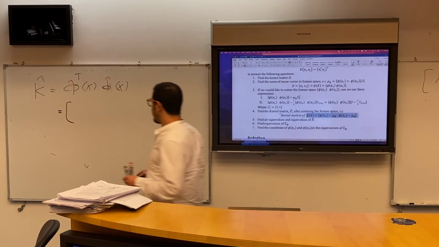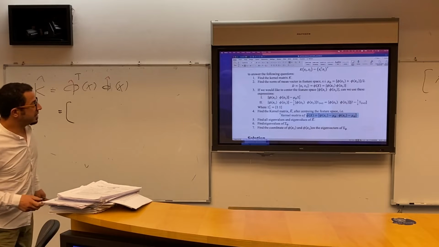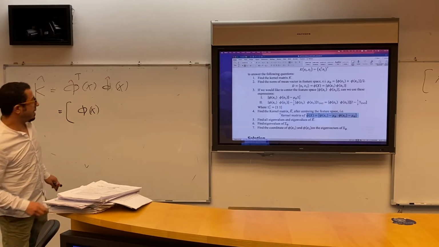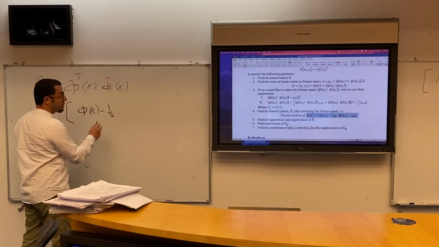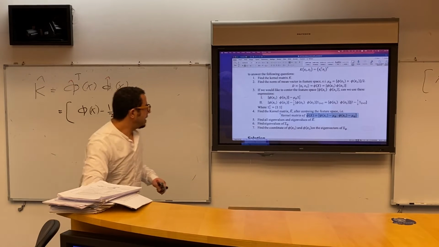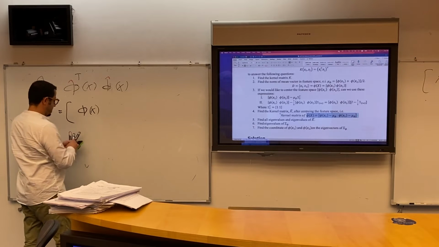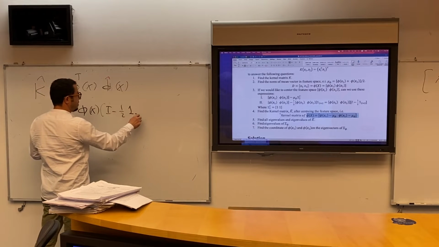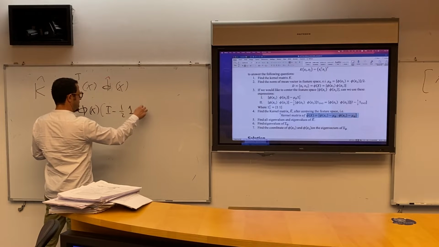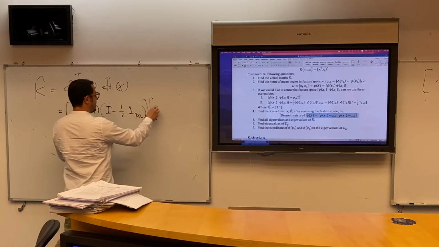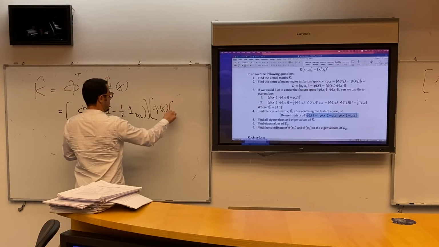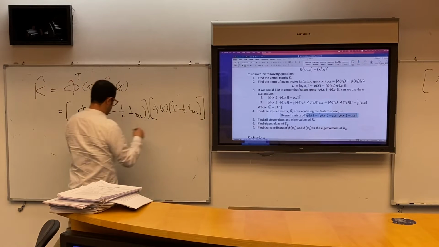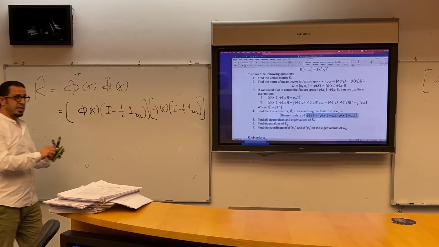What will the last one be? It is phi of x multiplied by I minus half, matrix 1, 2 by 2, right? Multiplied by itself. Did I forget something? Yes, the T.